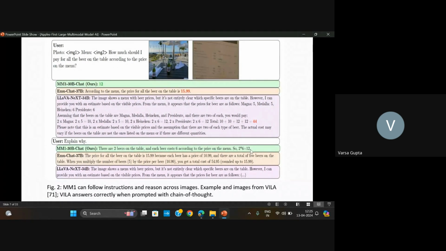MM1 gives the correct reason with the correct pricing, whereas Emu-Chat, trained on 37 billion parameters, and LLaVA-NeXT, trained on 34 billion parameters, which is higher than MM1's 30 billion parameters, are still outperformed by it in multi-image reasoning.